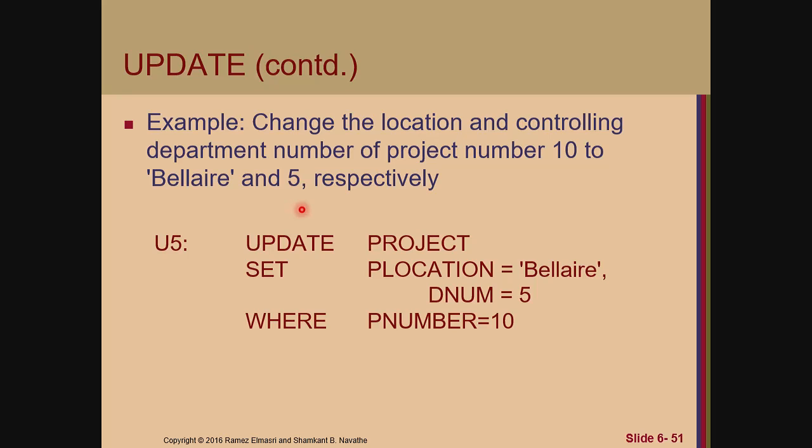So the command here is update the table project, and we have to set location equal to Bel Air, this value, and the department number equal 5, where the condition is p number equal 10. So the command selects all of the tuples where p number equal 10 and changes p location and d number to the new values.